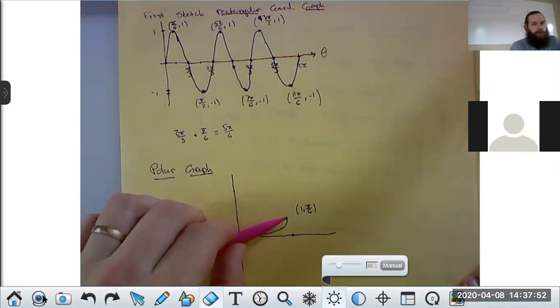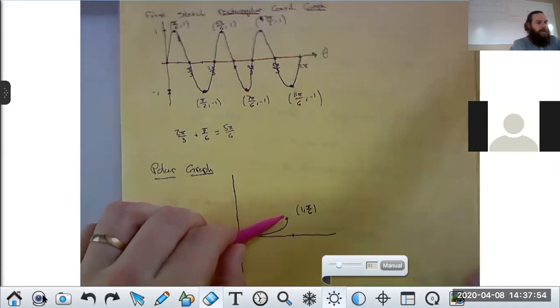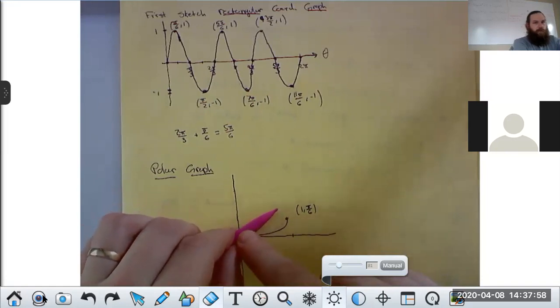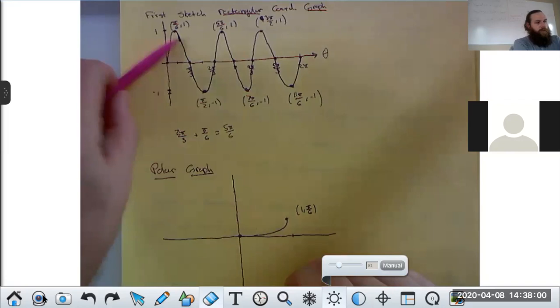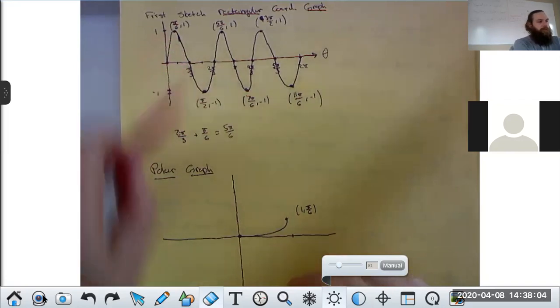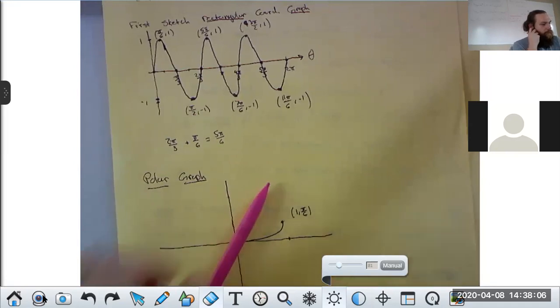The little guy is going to start running back in, because r is decreasing as theta goes from pi over 6 to pi over 3. And by the time I get to pi over 3, he will have come all the way back into the origin.